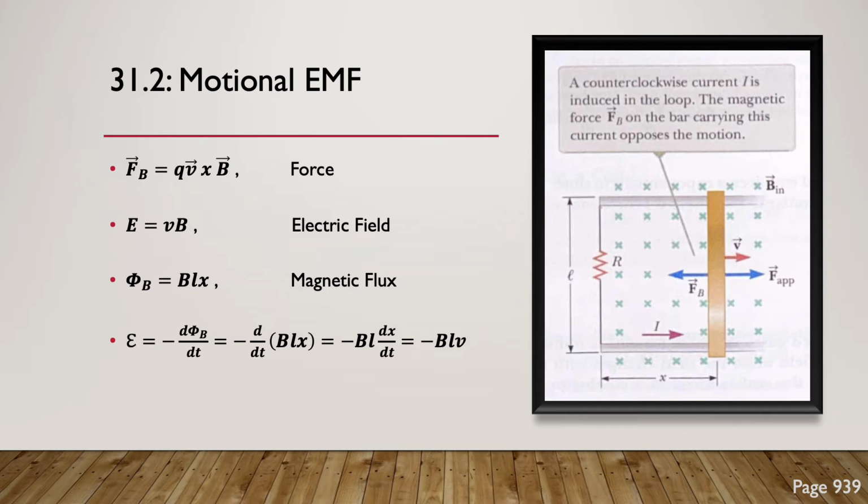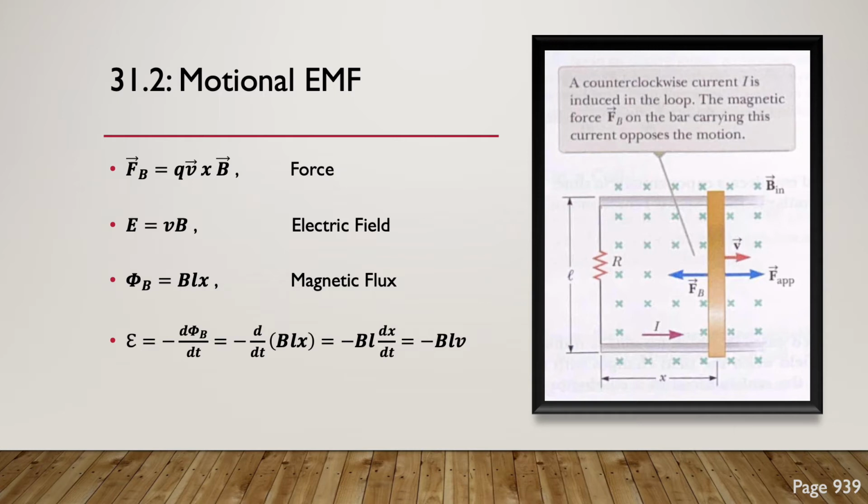As a result of this charge separation, an electric field is produced inside the conductor, which can be expressed in the simplified form as E equals v times B. Looking at this graphic again, we can say that L times x is the area enclosed by the circuit, where L is the length and x is the position along the bars.